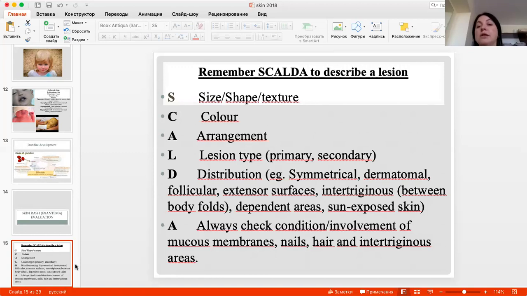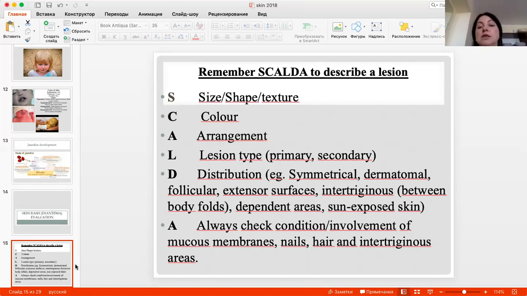SCALDA is an abbreviation, where S is size, shape, and texture of the element. Size, like up to 1 centimeter, 5 millimeters, 1 millimeter, spot-like; shape, like round or not.